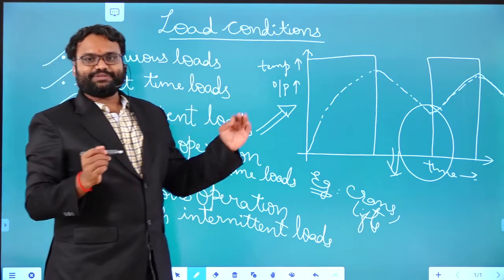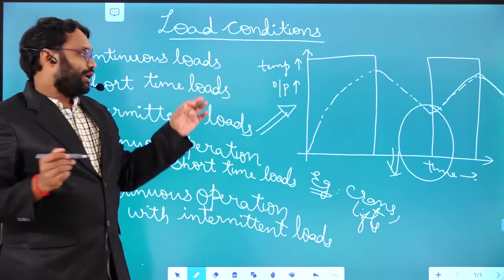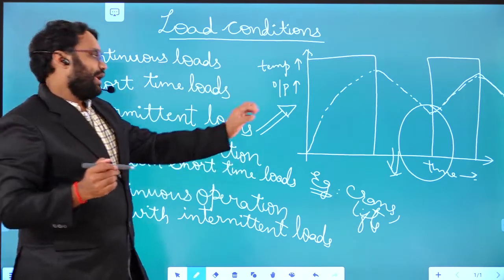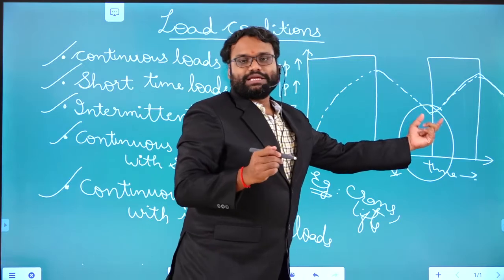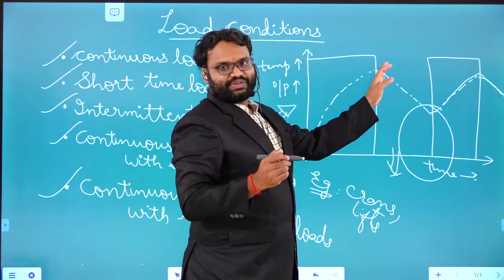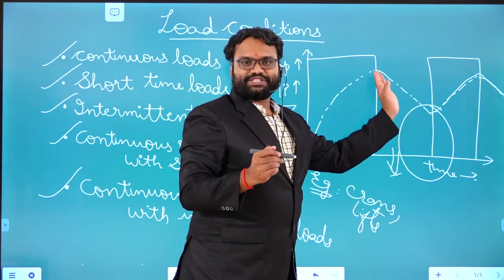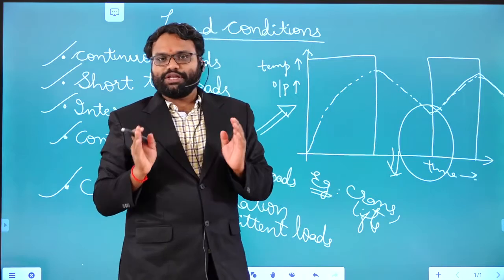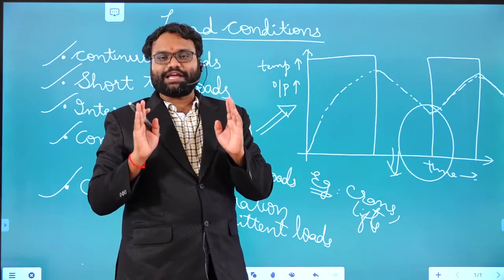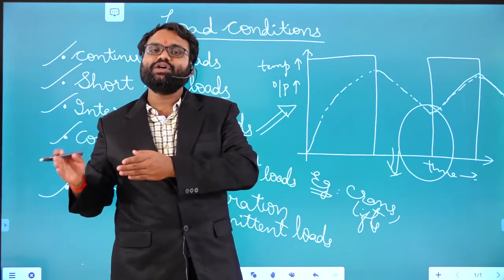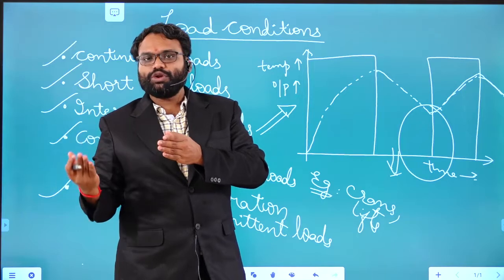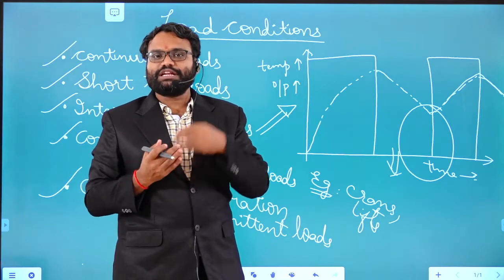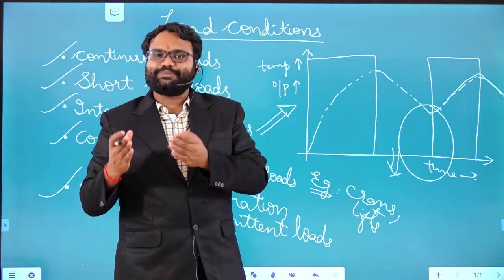So the basic difference between short term loads and intermediate loads is that when the load is there the temperature will rise, and when the load is off the temperature will decrease. But in short term loads we are providing sufficient time to dissipate, because when there is no load, whatever heat the motor has built up will be totally dissipated.